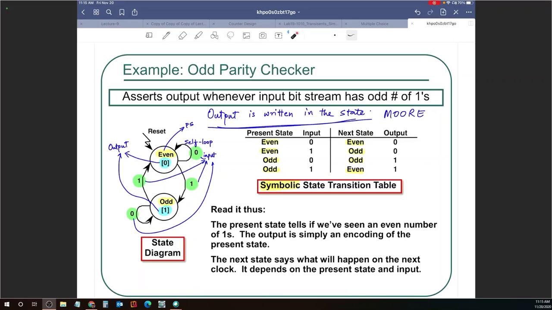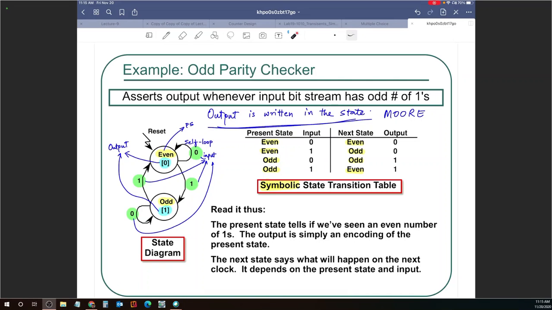The first possibility is your present state could be even and your input could be a 0. Your present state is even, your input is a 1. Your present state is odd, your input is a 0. And your present state is odd and your input is a 1.